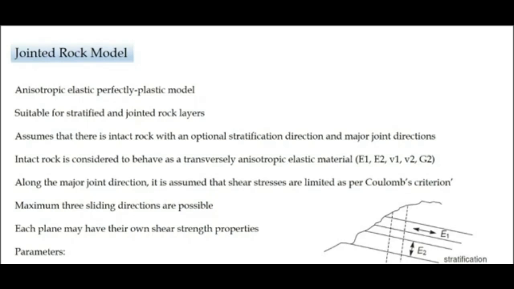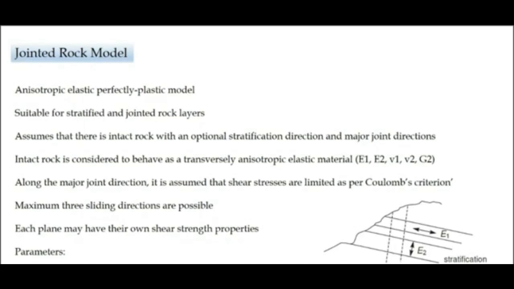Along the major joint direction, that is the stratification plane which you're going to provide, you will be using the Coulomb's criteria; that is, the failure along the joint direction will be assumed to follow the Coulomb's criteria. So you will have a limiting shear strength, and using this model you can use a maximum of 3 stratification planes.